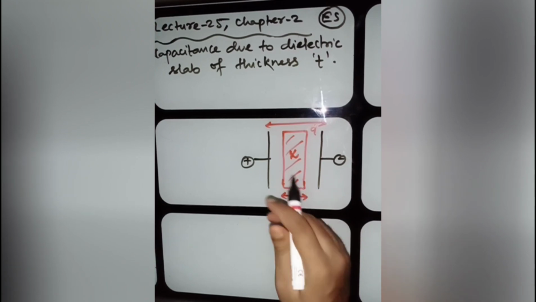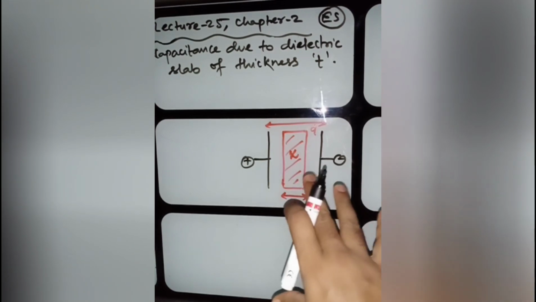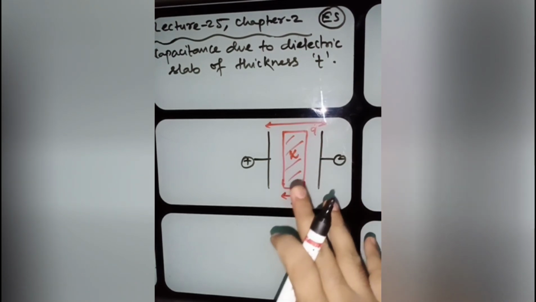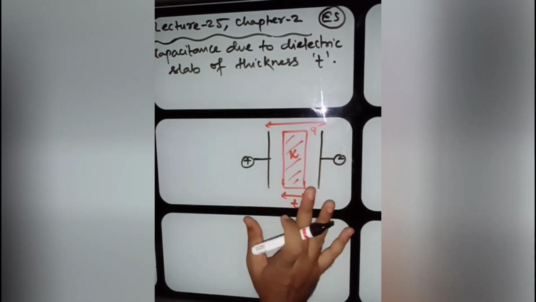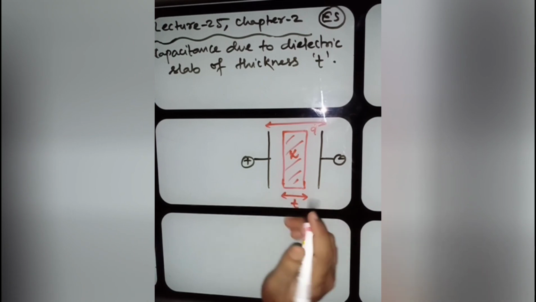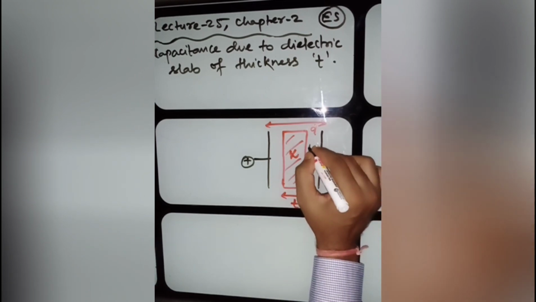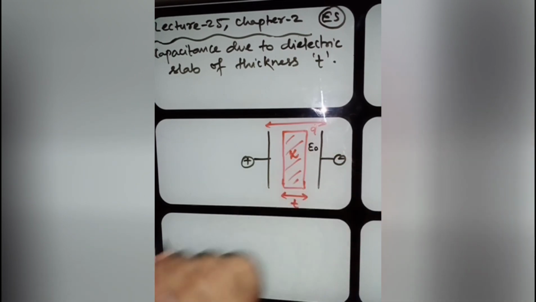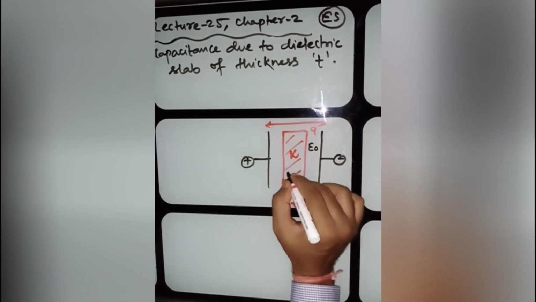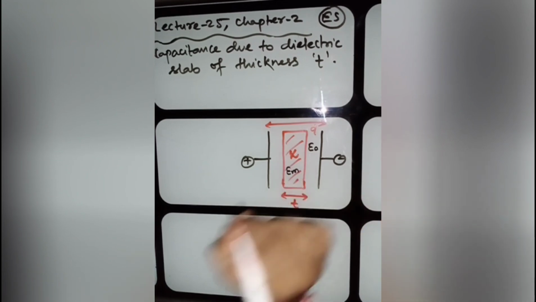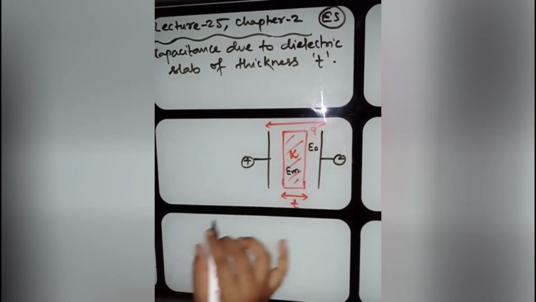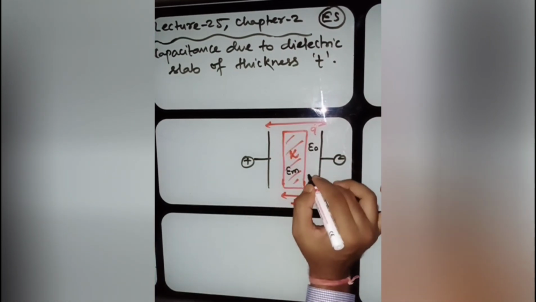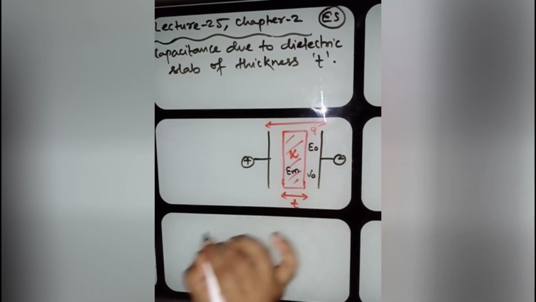If you think to derive, you have to just keep in your mind two or three things. It is a very simple derivation. Remember, here the electric field will be the electric field due to free space. Here the electric field will be the electric field in this particular medium, and the net electric field will be changed. Now the potential: here the potential is the potential due to free space.